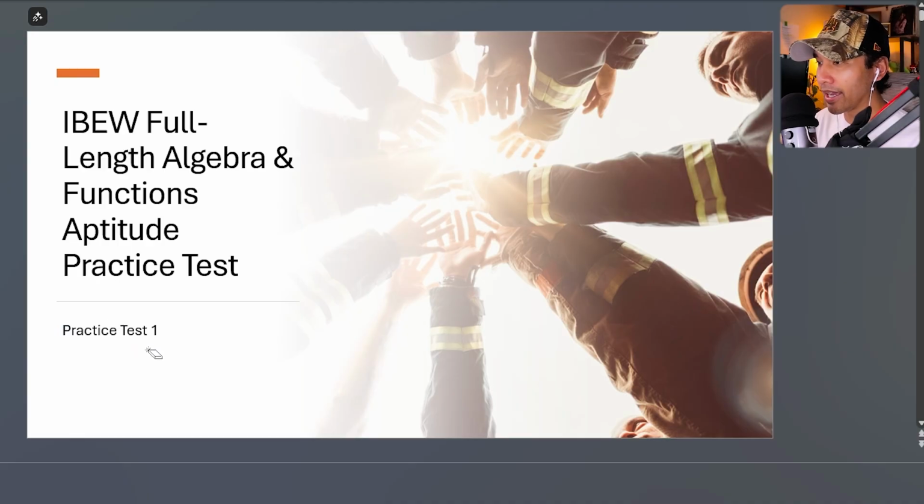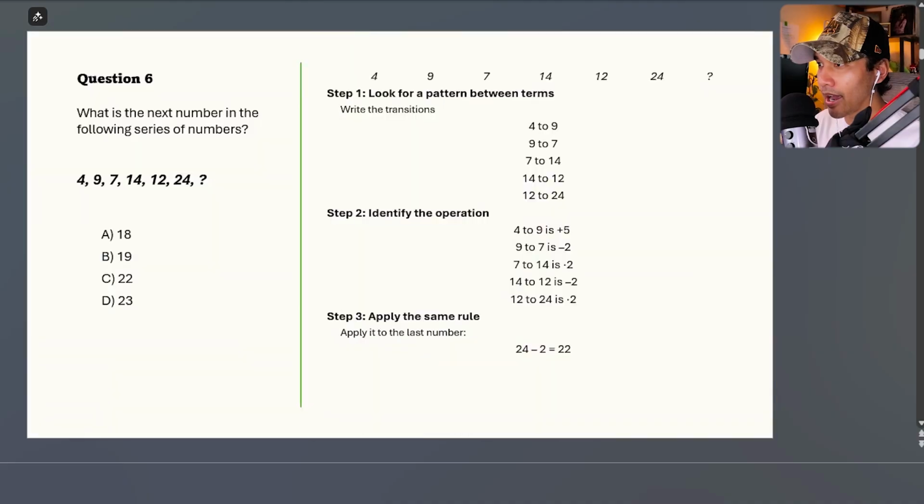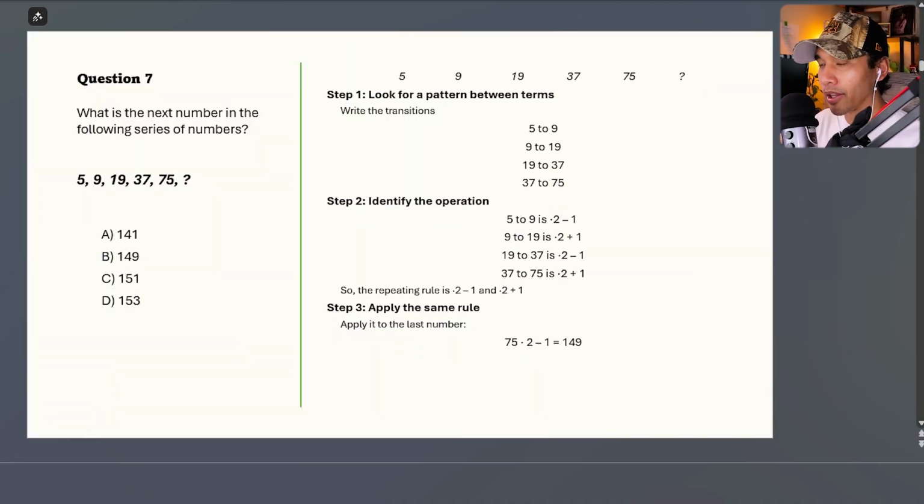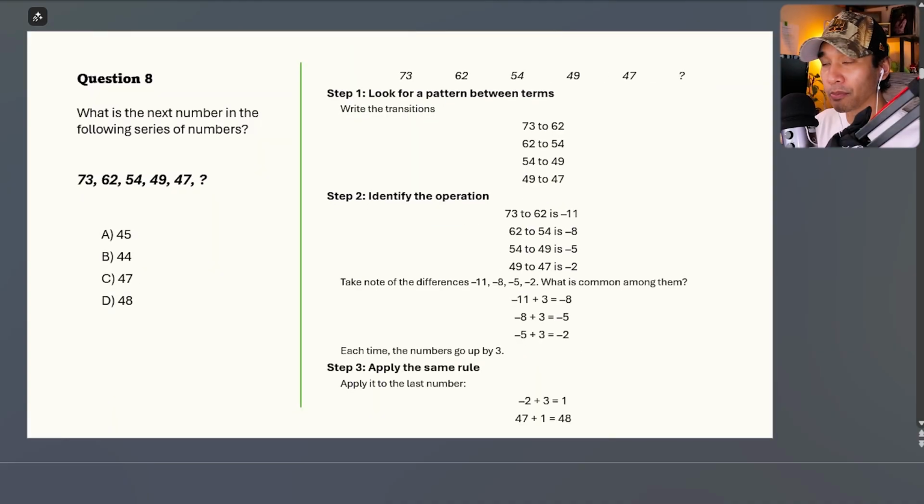I will make another practice test for you guys once I go over all of these questions. And all I want to do is break down each question with more questions so you can practice. The more repetitions you get, the more you grasp the concepts. The more you grasp the concepts, the better probability that you will pass the aptitude test.